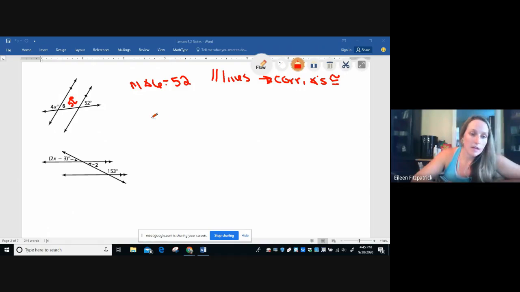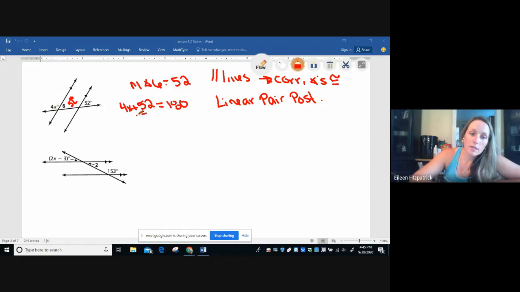Now, what's the relationship between this 52-degree angle here and 4x? They are a linear pair. They have to add up to 180 degrees. So I can say 4x plus 52 is equal to 180, and I know that because they're a linear pair, the linear pair postulate.